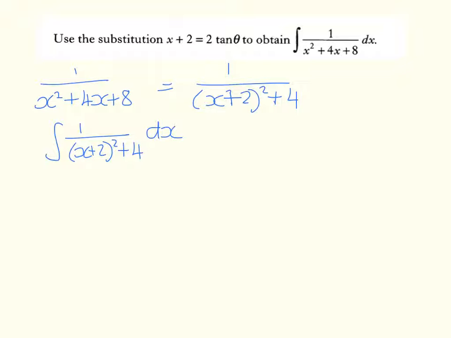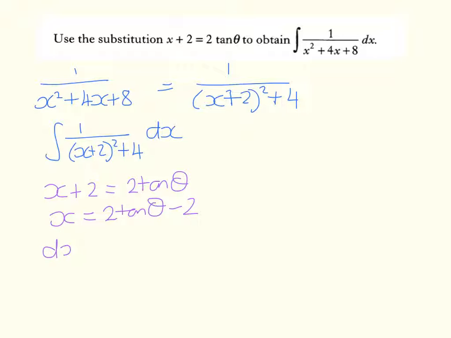So I'm currently being given that x plus 2 equals 2 tan theta. So therefore x must be 2 tan theta minus 2. dx by d theta is going to be, tan theta differentiates to sec squared theta, so it's going to be 2 sec squared theta, and the 2 differentiates to 0.